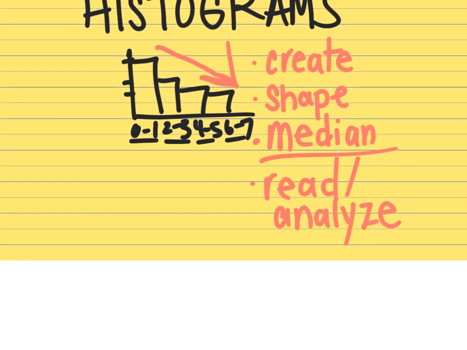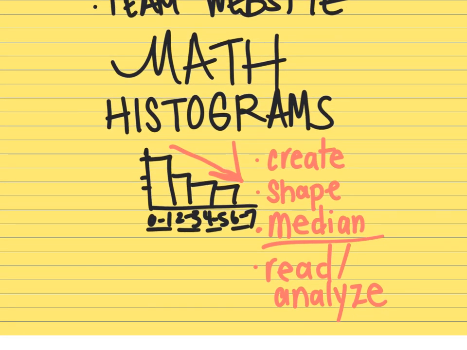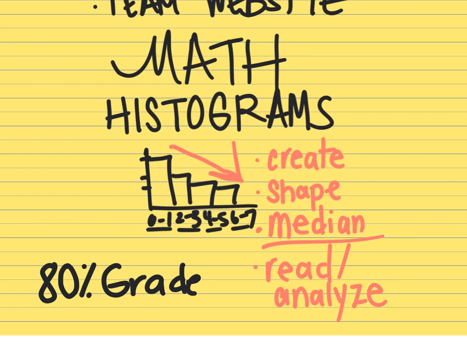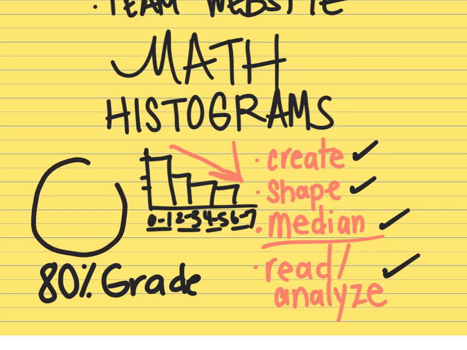Now, just a reminder also, this week's assessment, our exit card for the week, is going to be 80% of your grade. So that's a large piece of your grade, 80% of your grade. So you have to make sure that you can work on or understand and be able to do all 4 of these learning targets. 80% of your grade, if you were going to look at a pie chart, this is 75% of your grade here.